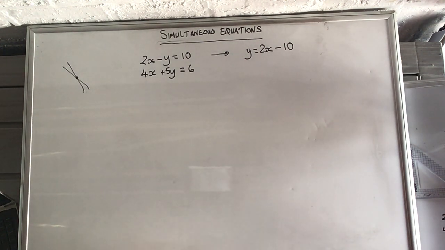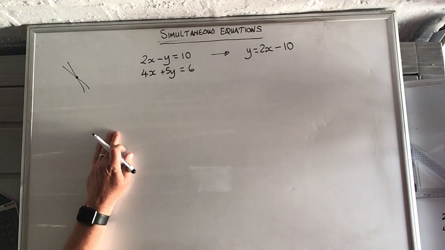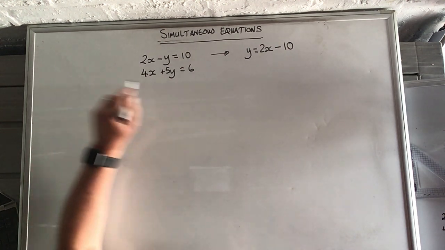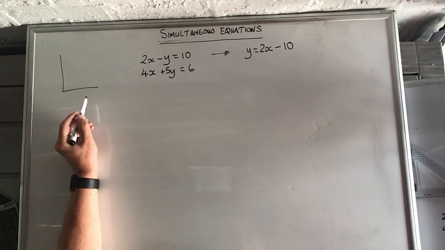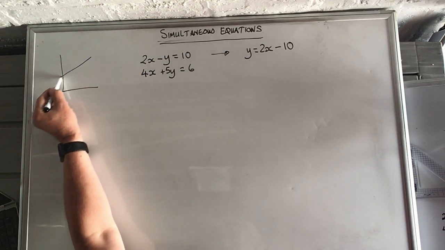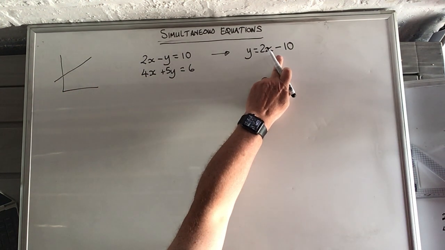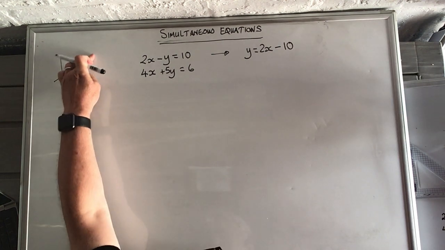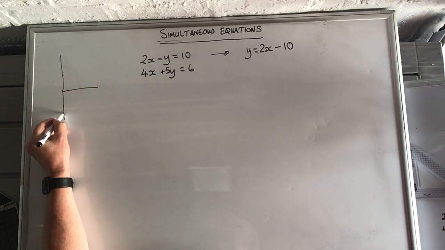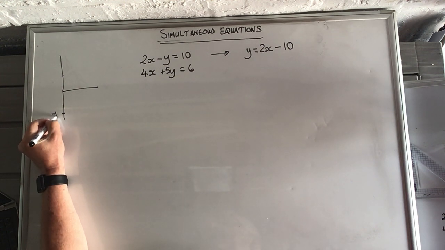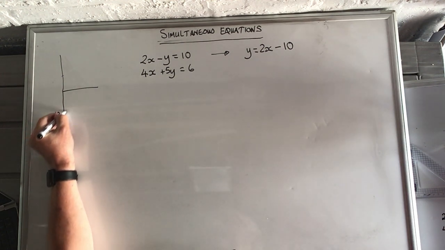Okay, so my wee diagram here, it's not quite as it should be, because that's a positive gradient. So if you think about positive gradient, it must go something like that. Now, it's minus 10 as well, so again, that's not quite right. So it's down here somewhere, minus 10. This is your straight line theory, so it must go through here, but it must go up something like that.